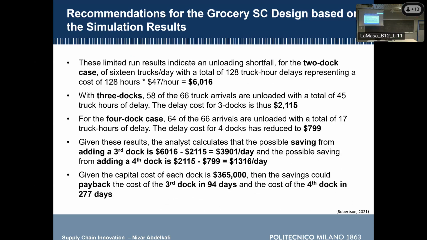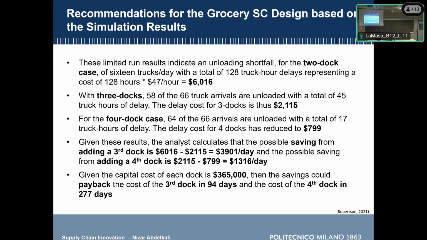So this limited run results indicate an unloading shortfall for the 2 dock case of 16 trucks per day with a total 128 truck hour delays, representing a cost of 128 hours multiplied with 47.